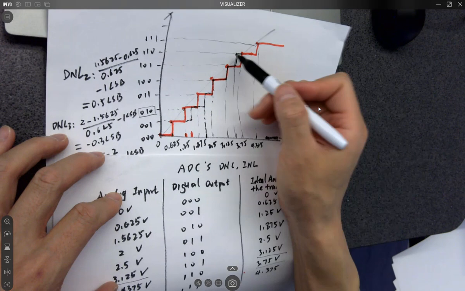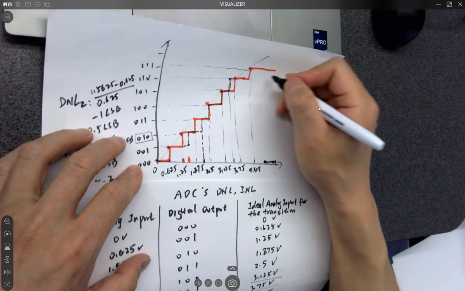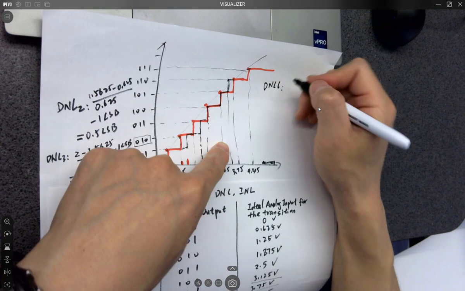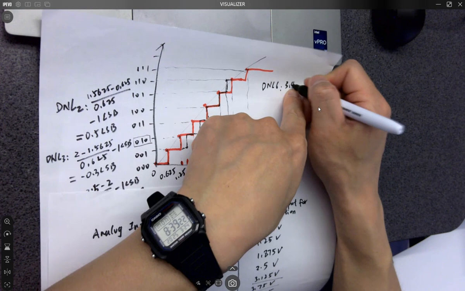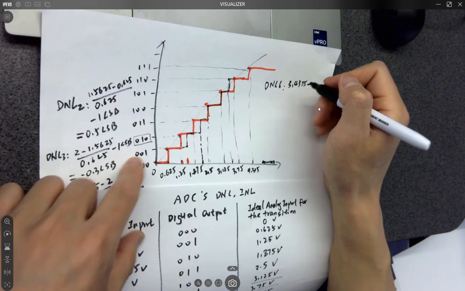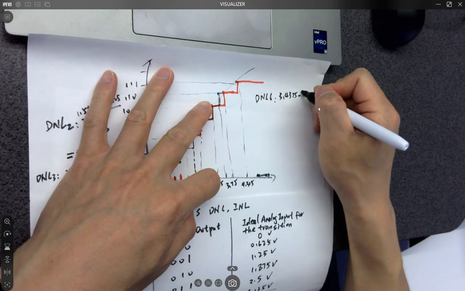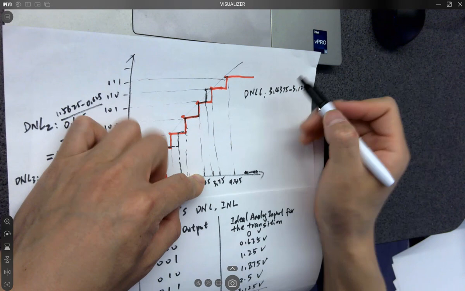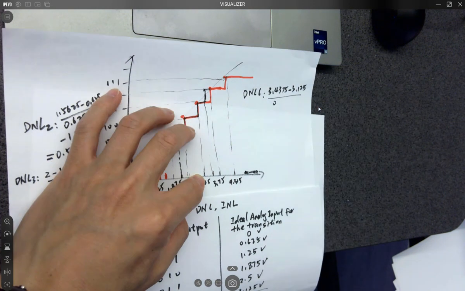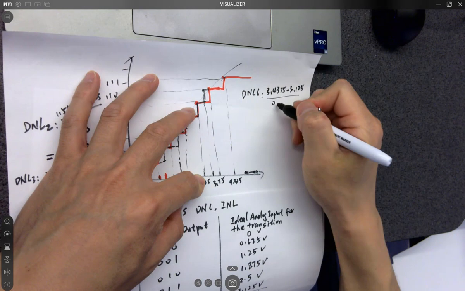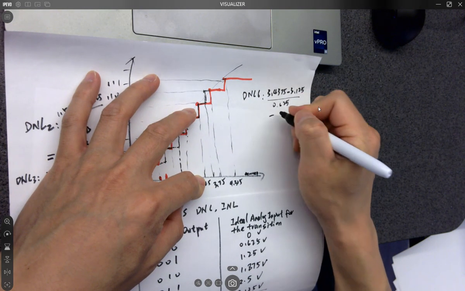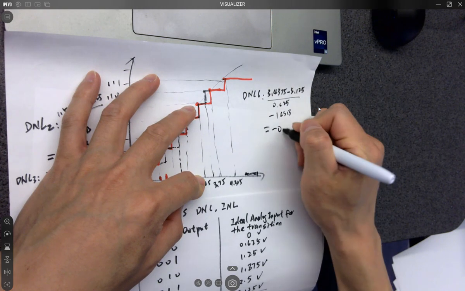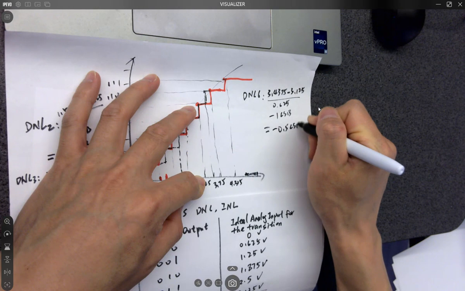So that's a DNL6. And that is 3.4375 minus 3.125, divided by 0.625 minus 1 LSB, and that is negative 0.5 LSB.